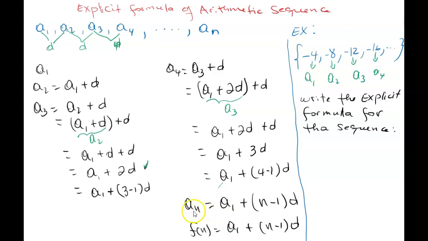So it's a sub n equals the first term. Do we know what the first term is? Yes, the first term is -4. The first term plus, now what is the common difference? We need to know what the common difference is.